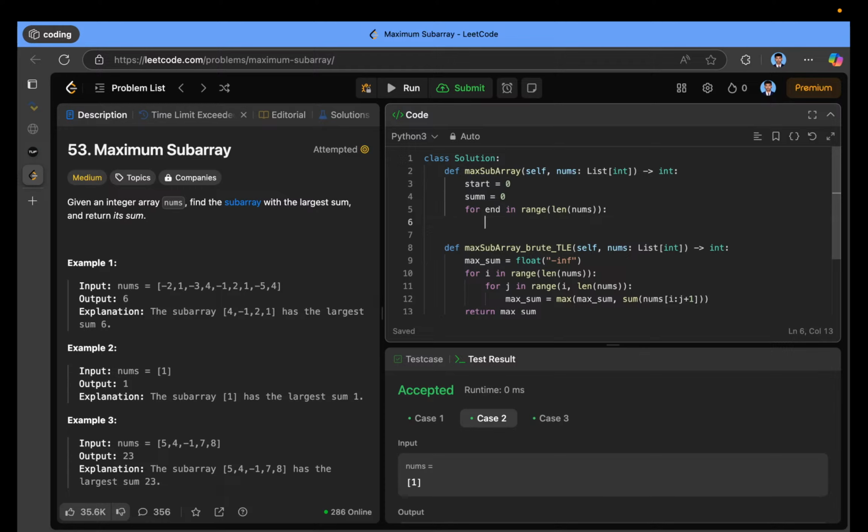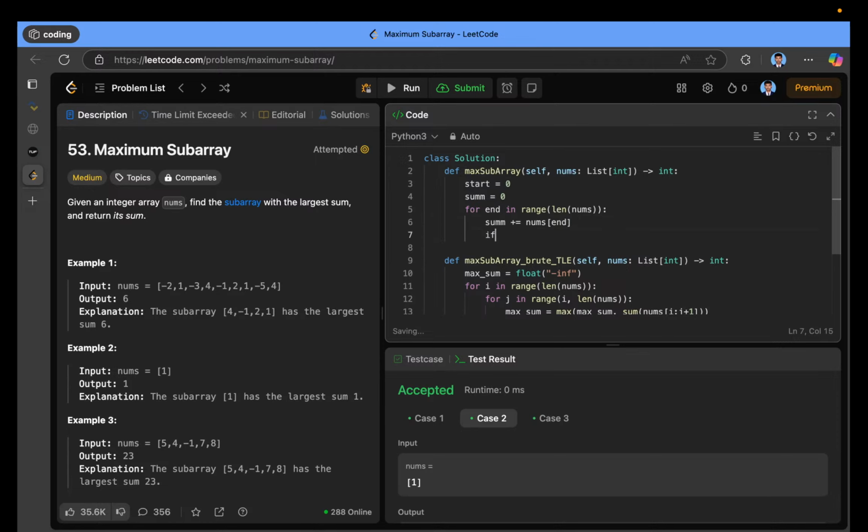First, I should change the position of start. No, no, yeah, change the position of int. Okay, sum plus equals nums at whatever position I am in. If the sum is less than or equal to 0, then I should make my start. Do I need start? Let's take it.